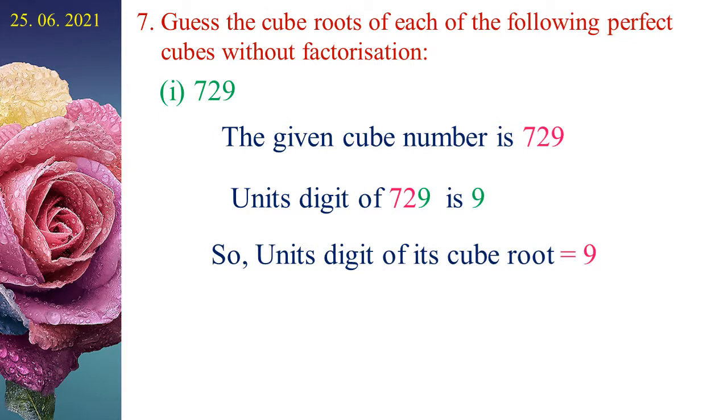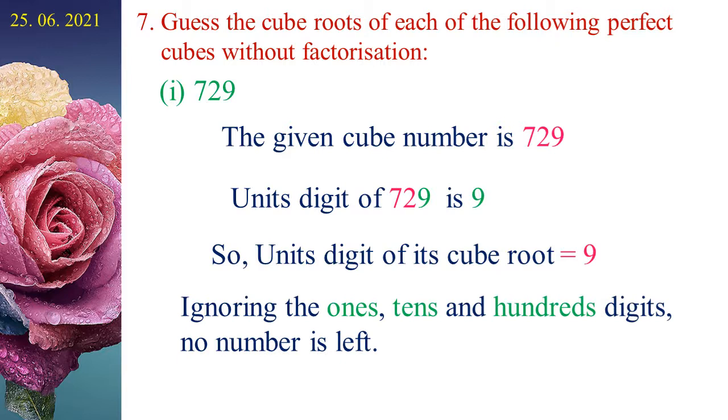So, the units digit of its cube root is 9. Next, we should find the tens digit of the cube root of 729. Ignoring the ones, tens and hundreds digits, now no number is left. So, there is no tens digit. So, the cube root of 729 is 9.